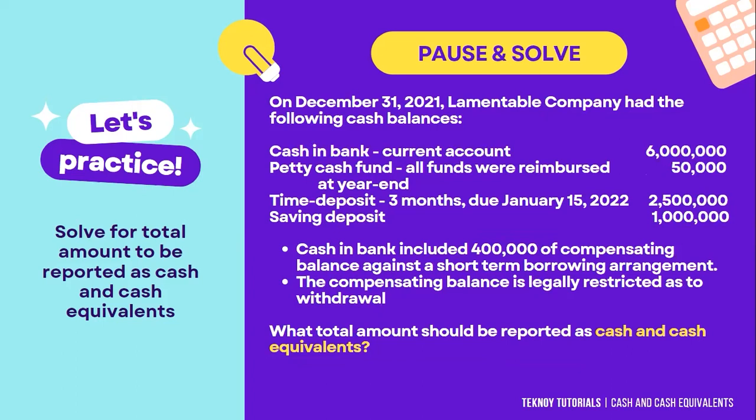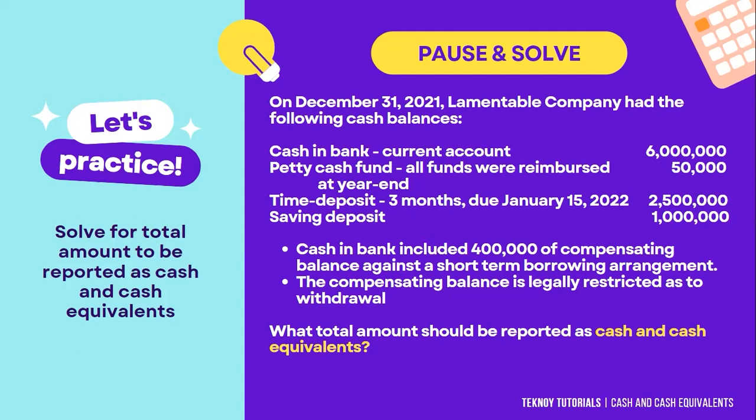On December 31, 2021, Lamentable Company had the following cash balances. Cash in bank current account for 6 million, petty cash fund, all funds were reimbursed at year end for 50,000, time deposit 3 months due January 15, 2022 for 2,500,000, and savings deposit for 1 million.